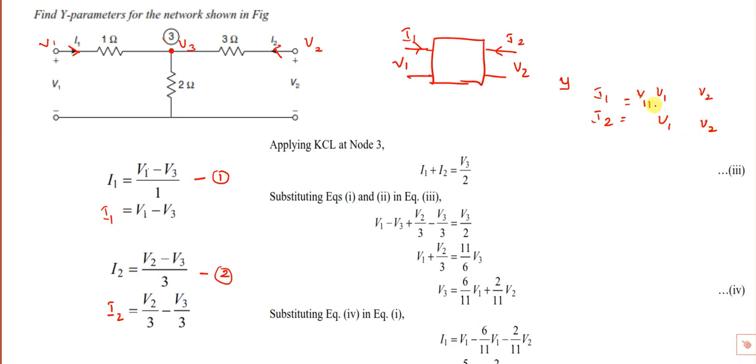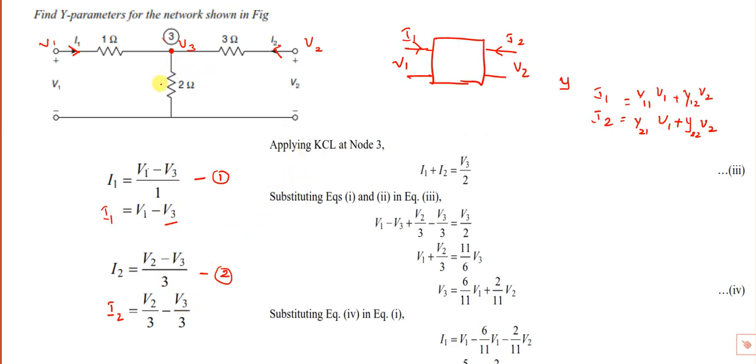You can see this is Y11, Y12, Y21, Y22. This is the equation we want. But I got it in terms of V1 and V3, and V2 and V3. So the unwanted term is V3 here and here also. So we have to eliminate this V3, and we should get V2 here and V1 term here.